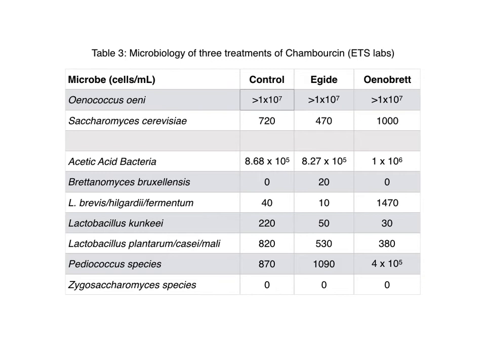So in this case, we don't get fewer acetic acid bacteria. And I realize that the enobret looks like it's a 10 to the 6 and the other one's a 10 to the 5, and that looks like a big difference. But if we realize that this is really a difference between an 8.2 and a 10, we're really within the same order of magnitude on all of those. And in this case, it looks like the enobret actually has a little bit higher microbial load.